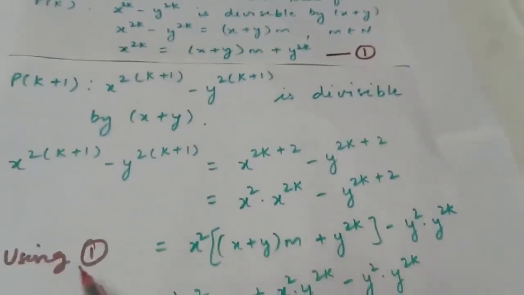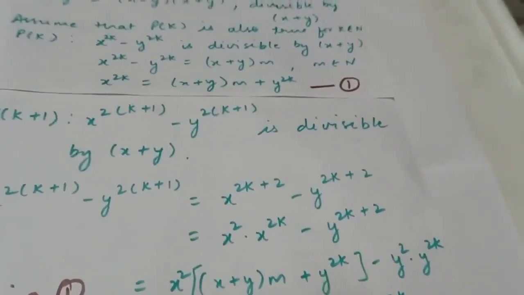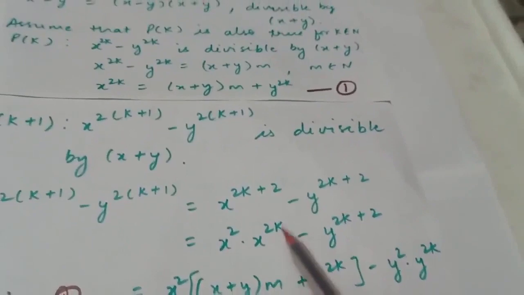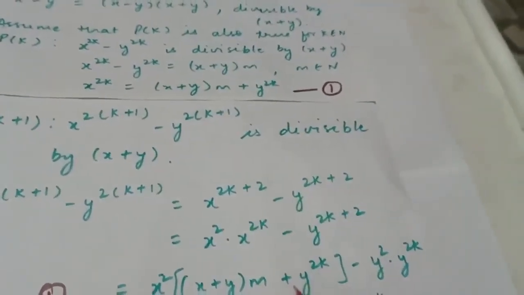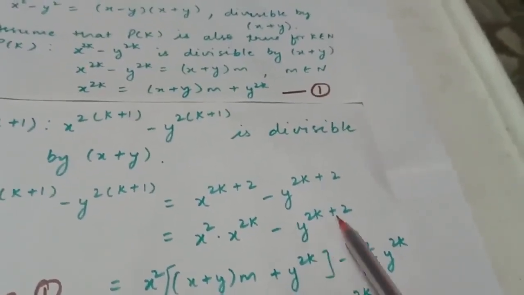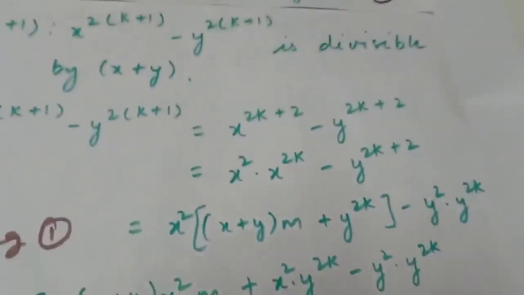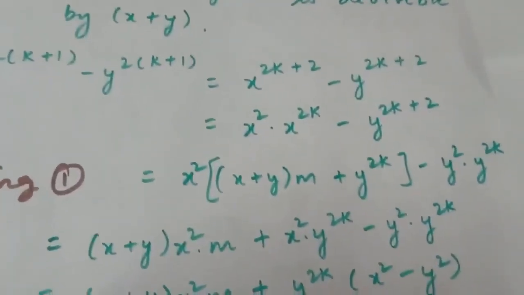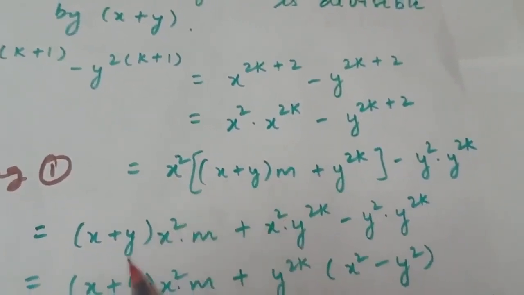Now using 1 to write the value of x raised to the power 2k: x square, value of x raised to the power 2k, from 1 we can see is x plus y into m plus y raised to the power 2k, minus y square into y raised to the power 2k.